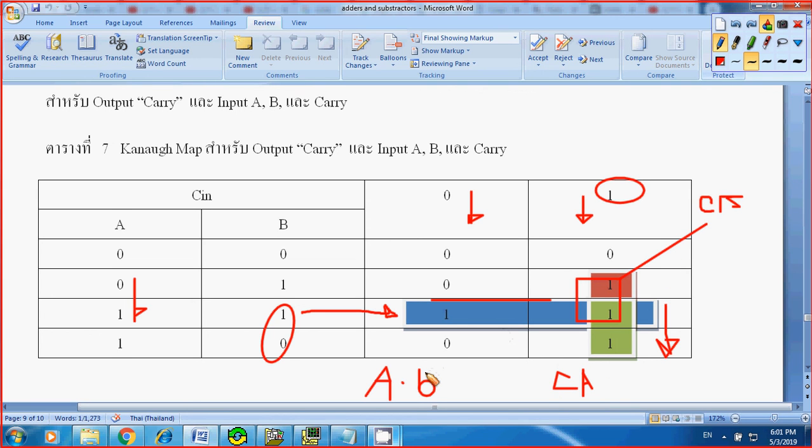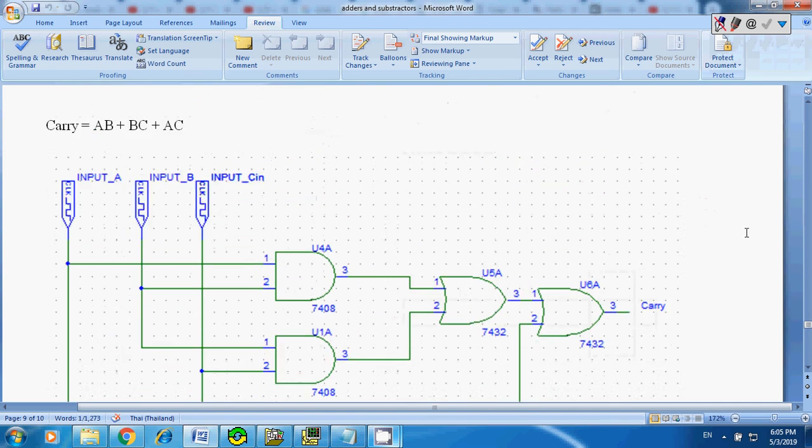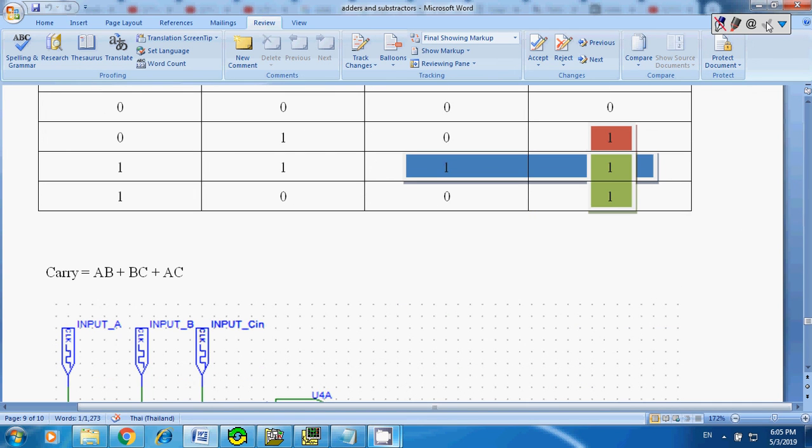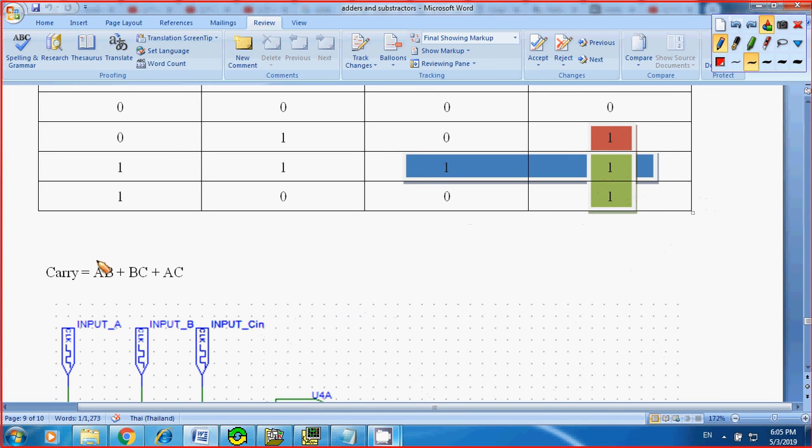Okay. So it becomes what? Let's take a look at the expression right here. So that's what you end up with: AB plus BC plus AC.